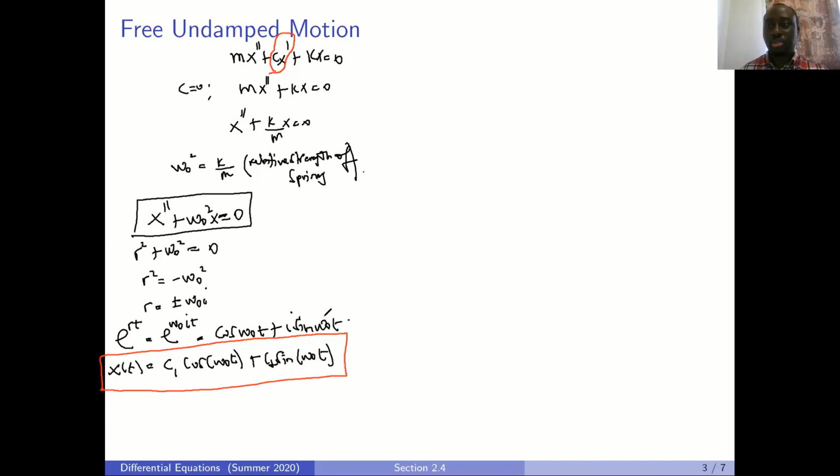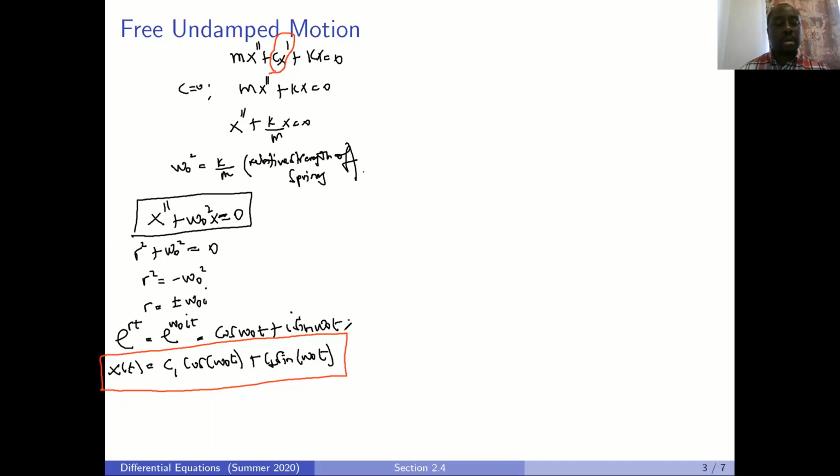So this is not going to stop, which is not a very realistic situation, because we know that even if you displace an object attached to a spring in air, eventually the object is going to slow down. That is because of air resistance. But if we were to do the same experiment in a vacuum, then we would expect this to be the scenario where the object just oscillates forever, in a sinusoidal fashion.